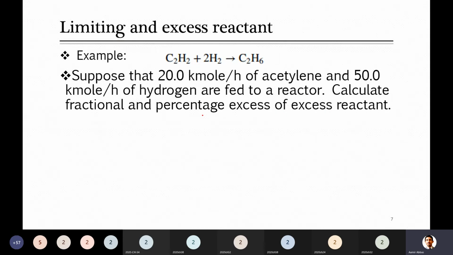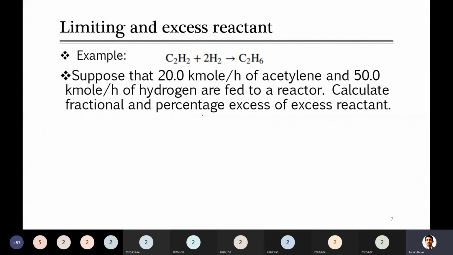First of all, how will you decide which one is the excess reactant? Sir, we will see which quantity is more. Right. You have to calculate their ratio and compare it with the stoichiometric ratio. As per the stoichiometric equation, what is the ratio between these two reactants? 1:2.